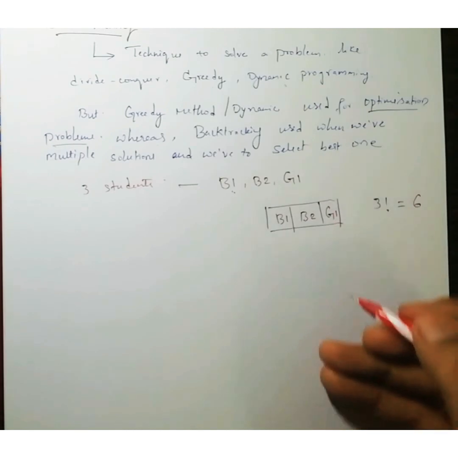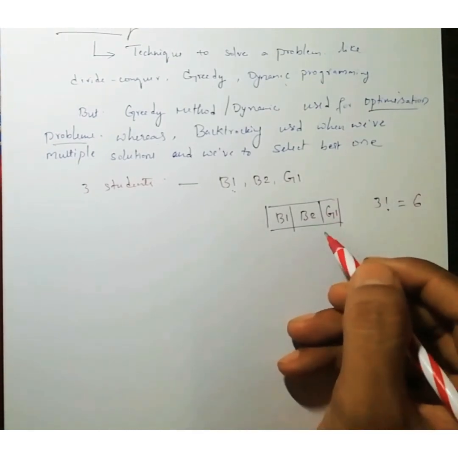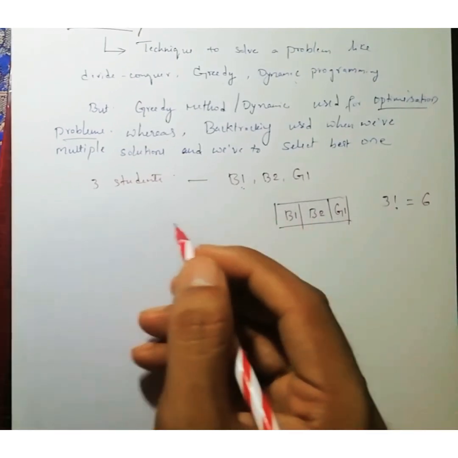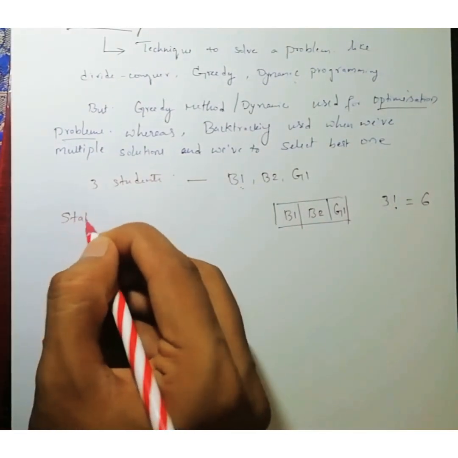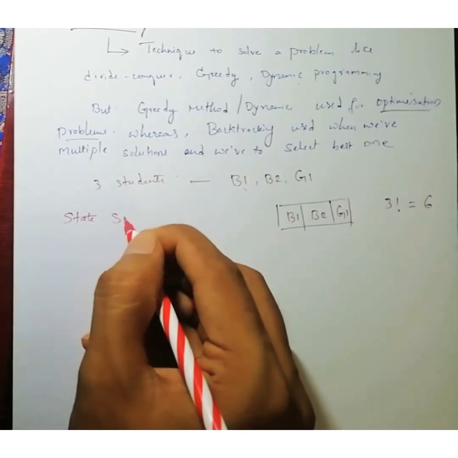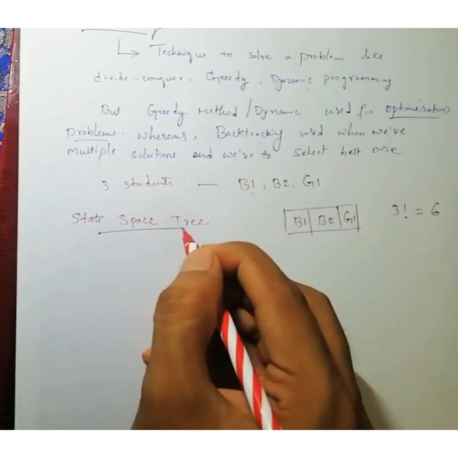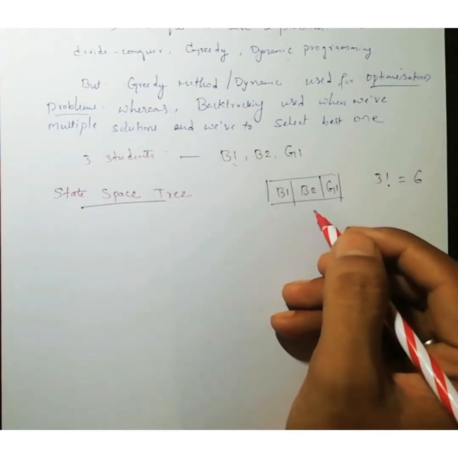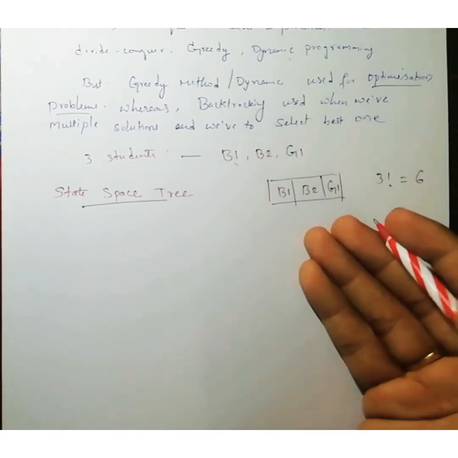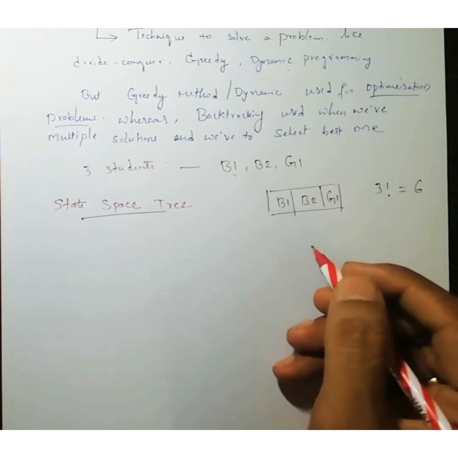In this way we can arrange in 6 ways, and we represent this by using a tree that we call a state space tree. We write a state space tree for the arrangement of these students by using the backtracking technique. So we will discuss that.